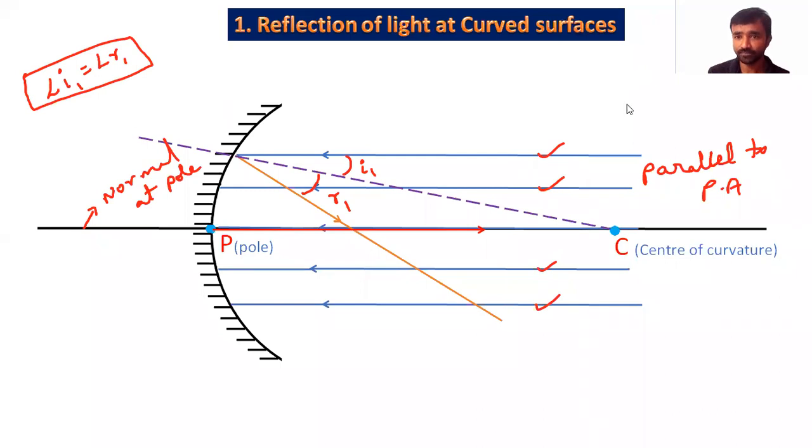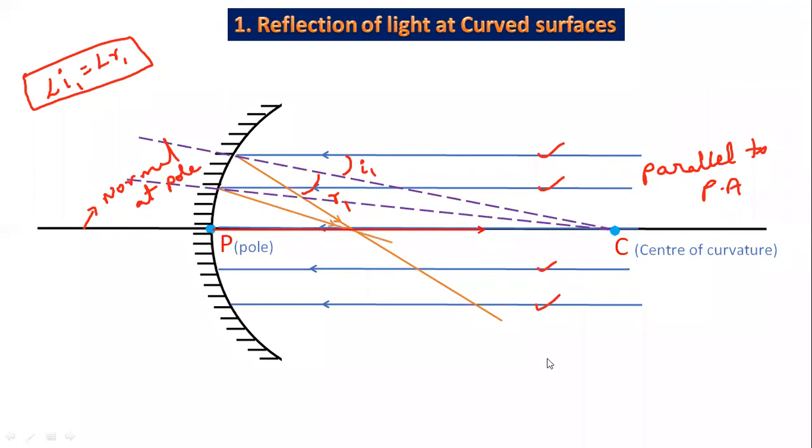Is it clear? So for the second ray, I am drawing the normal. From that place, I will measure the second ray's angle I2, then angle R2, and complete that reflected ray. Then go for the third one.